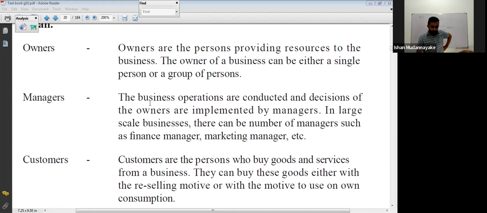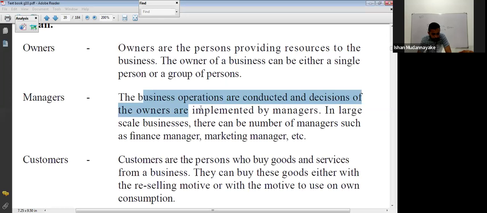In large scale businesses there can be a number of managers, such as finance manager, marketing manager, etc. Students, please highlight: business operations are conducted and decisions of the owners are implemented by managers.